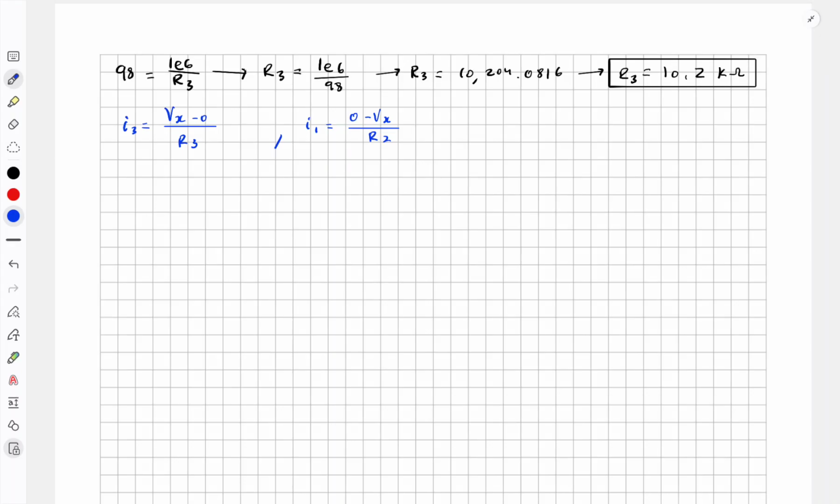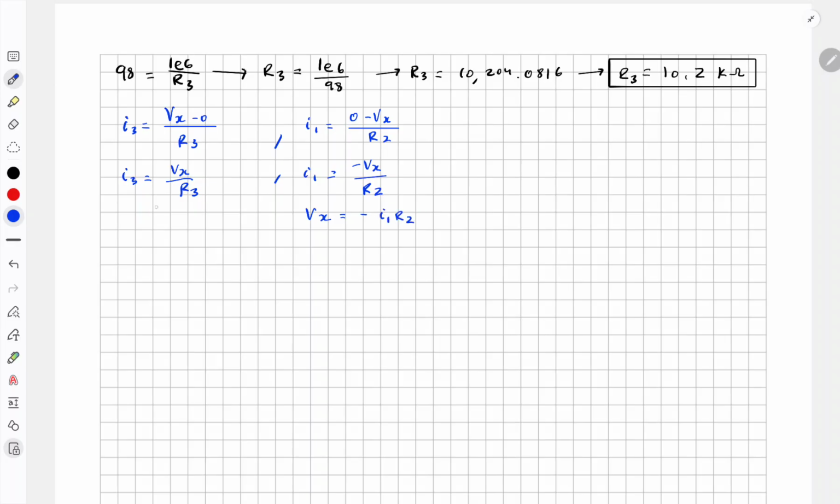Okay, so I3 is equal to Vx over R3, and I1 is equal to negative Vx over R2. I'm going to simplify this here, solving for Vx: Vx is equal to negative R2 I1.